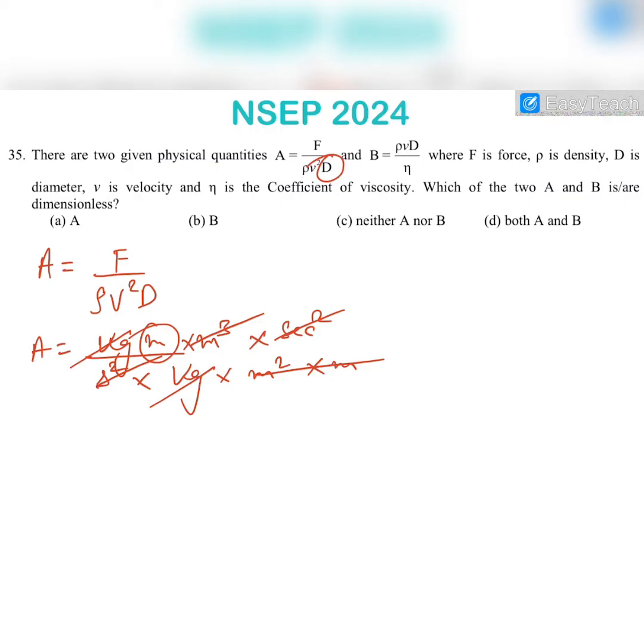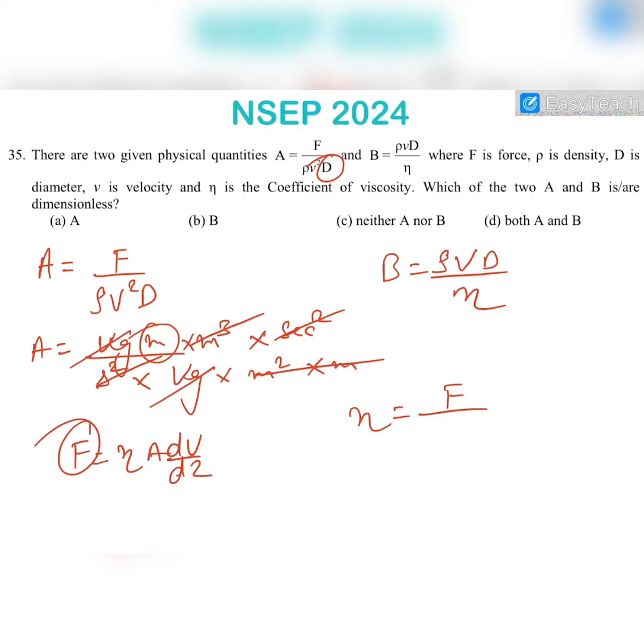And now let us talk about B. So B is rho V D upon neta. Now neta is the coefficient of viscosity, which is F upon, you know the formula that F is neta A dV by dz. Okay, so F is the force, so neta is F upon A dV by dz.